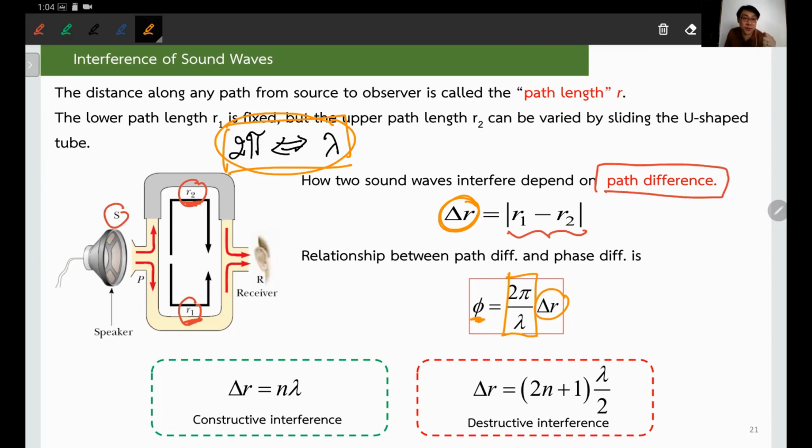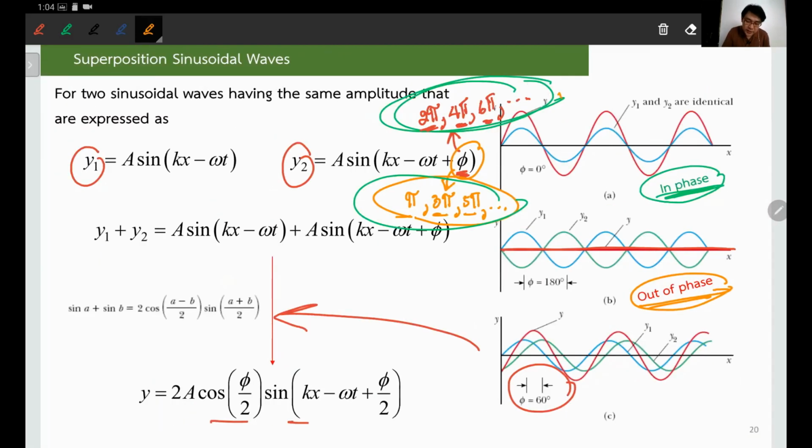Let me give you a simple example. If the delta r equals, oh no, that's not a good starting point. If it's 0, no path difference. If there's no path difference, the phase difference will be 0. And which case would that be? That would be the first case.